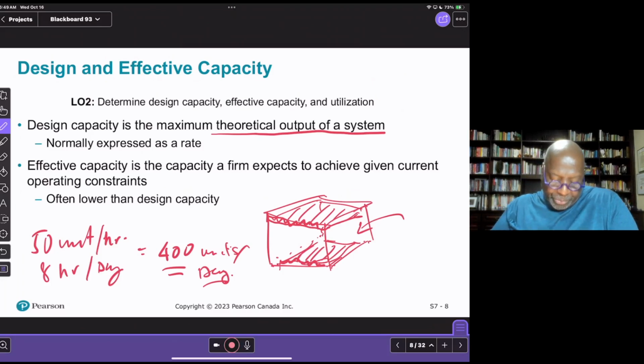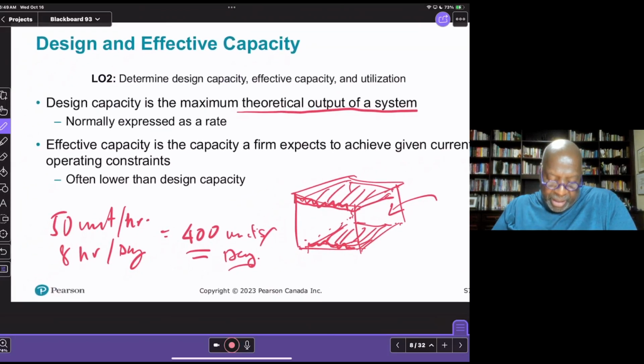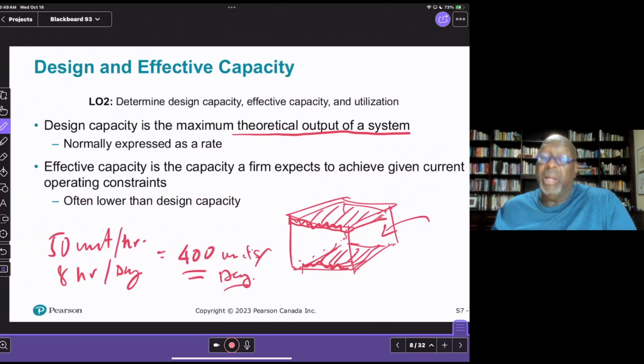However, if it turns out that we cannot actually produce that 50 units per hour, but we have some constraints. Why? If we're just processing without any stops, any changes in terms of tools or preventive maintenance and so on, then we could produce 400 units per day.